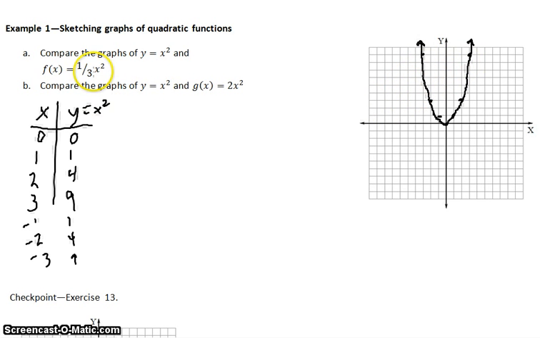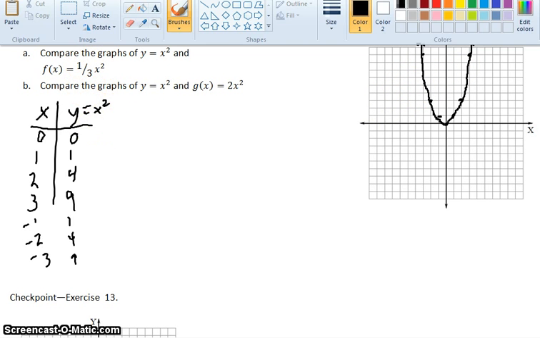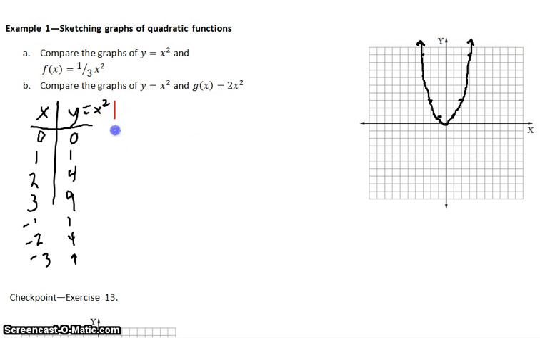Now if we're going to compare this with 1/3 x squared, then we need to describe what's going to happen to it. I'm going to make another column for part A. We're going to talk about this new function, which says I want to multiply this parabola by 1/3.